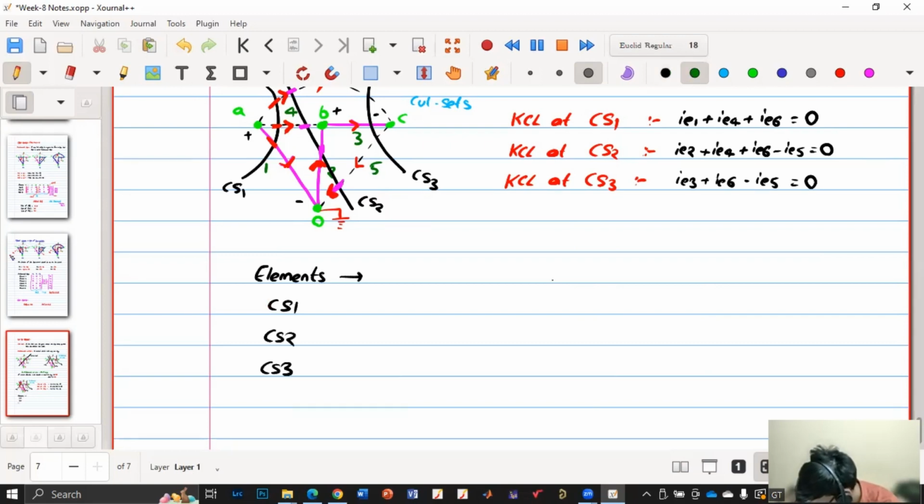The elements are 1, 2, 3, 4, 5, 6. If I write: IE1, IE4, IE6, 0, 0, 0. IE2, IE4, IE6 minus IE5, 0, 0. Then IE3, IE6 minus IE5 and 0, 0, 0.